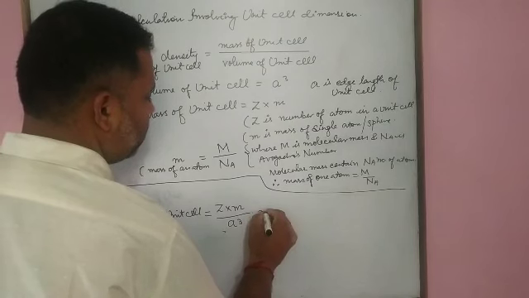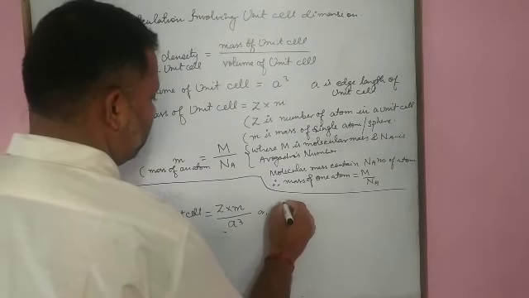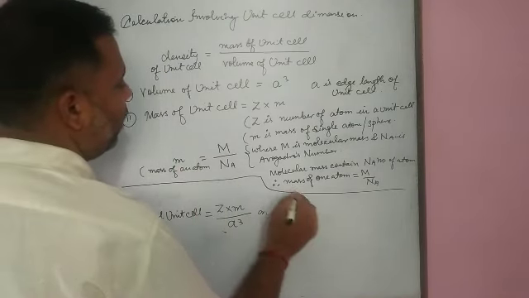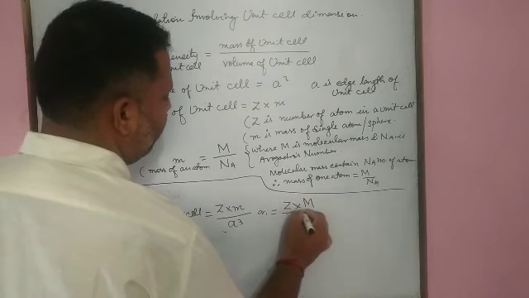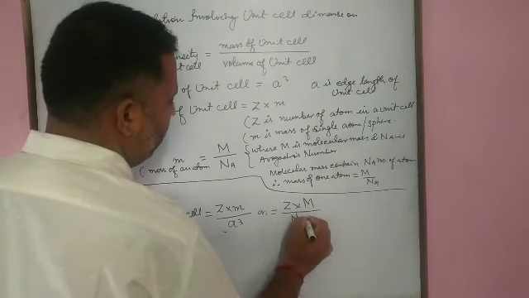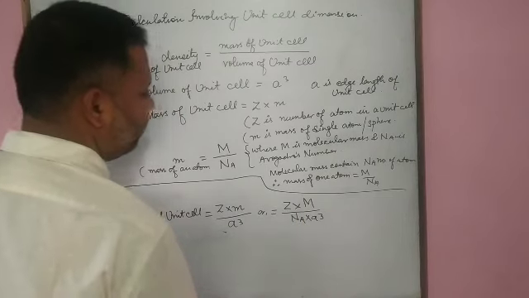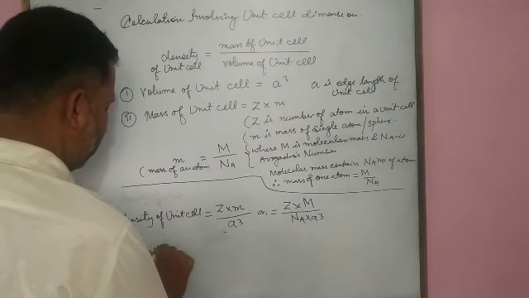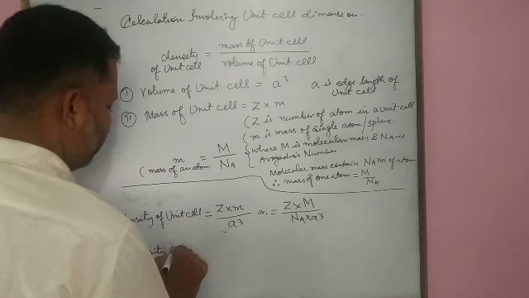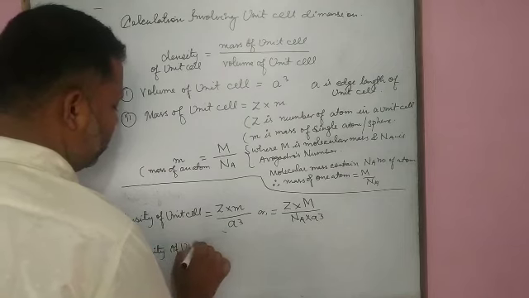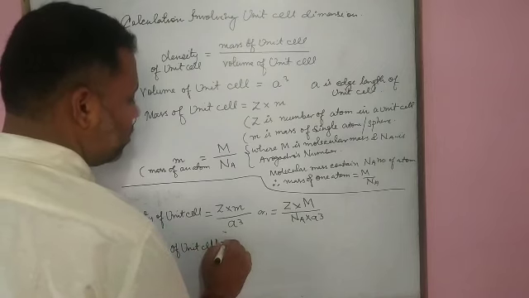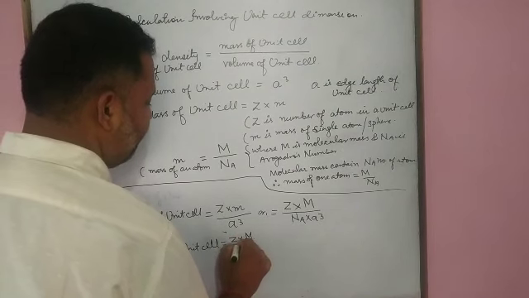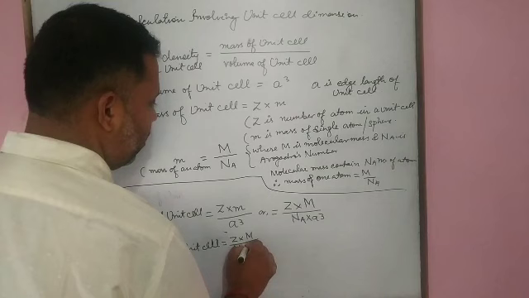This is also equal to Z into capital M by Na into a cube. This is how we know the density of the unit cell is equal to Z into capital M by Na into a cube.